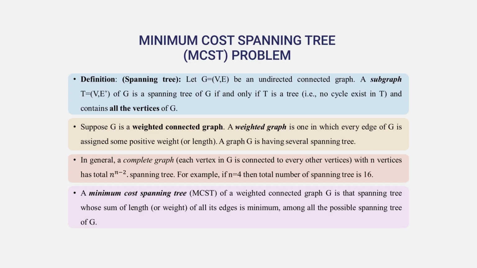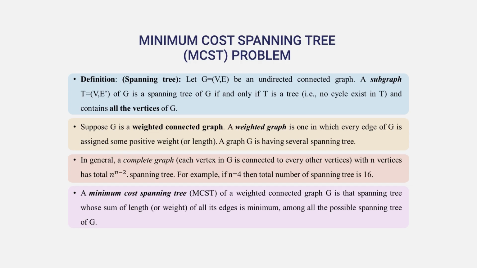When it contains a set of vertices and edges, it will be an undirected connected graph. A subgraph, represented here as T, which again contains the vertices and edges E dash of G, is a spanning tree.